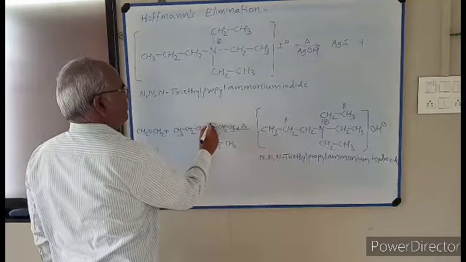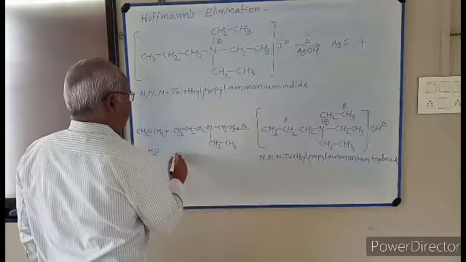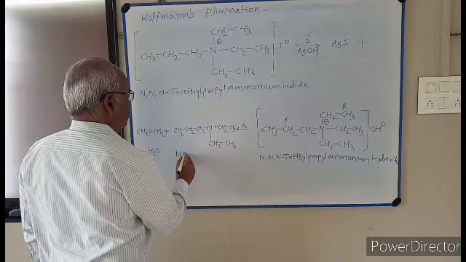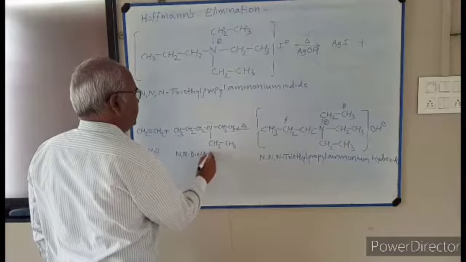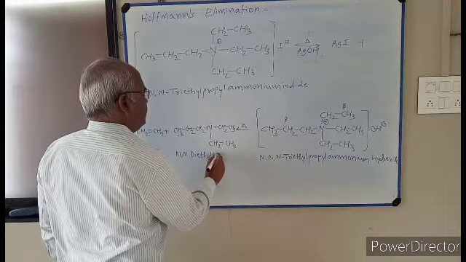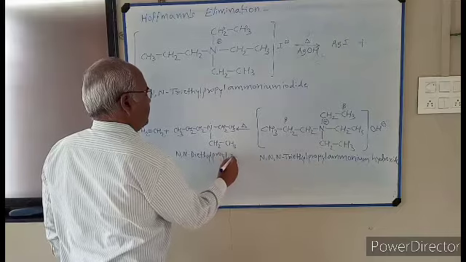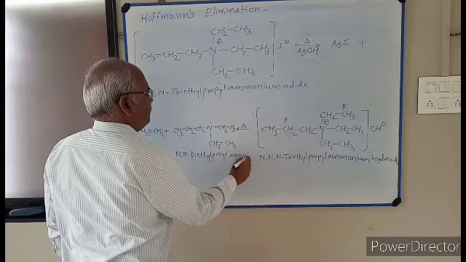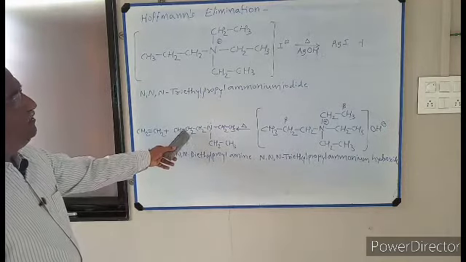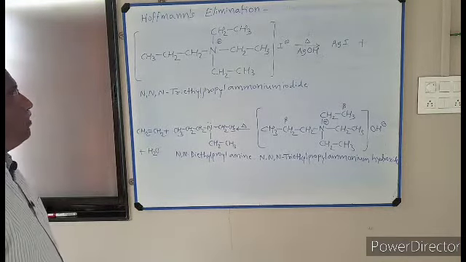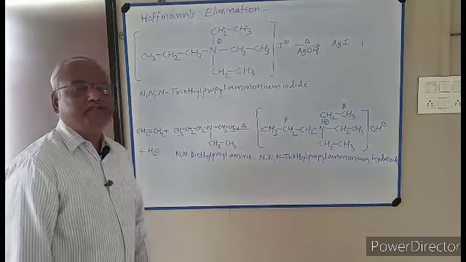The name of this amine is N, N-diethyl propyl amine. This tertiary amine is formed. This is called Hofmann's elimination.